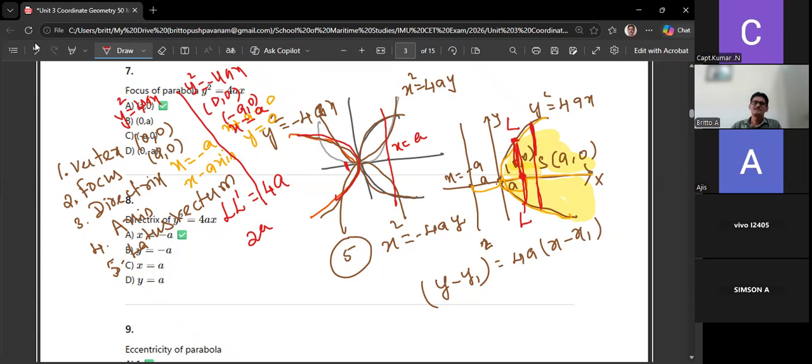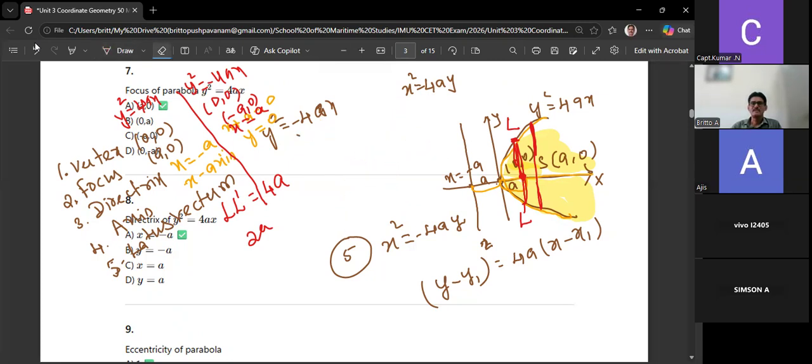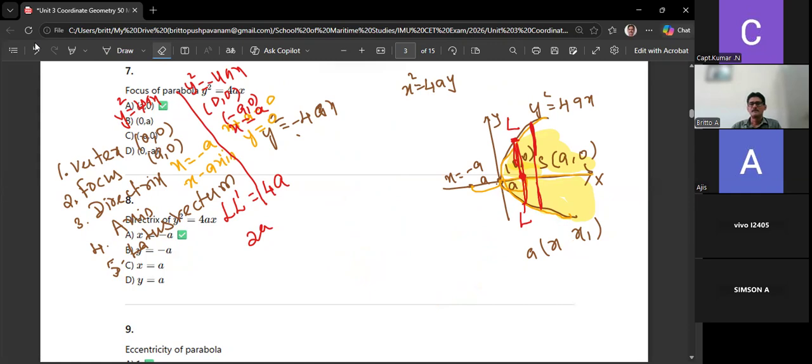But the focus, when the parabola is x squared equals 4ay, look at the diagram.